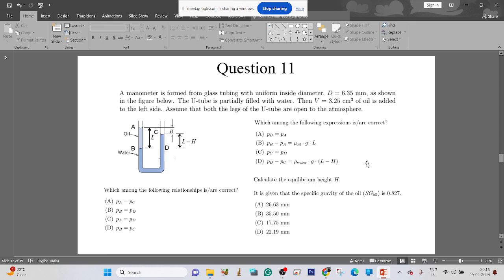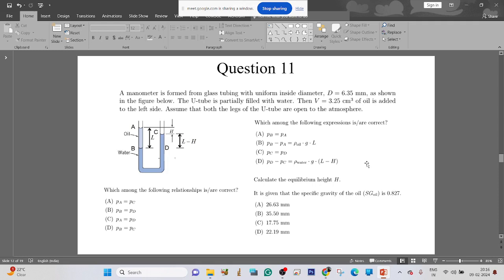Okay. So the volume of the oil added is given as 3.25 centimeter cube, right? So this has been occupied in the whole volume, and what is the volume that has been added? If we write in parametric form, that will be pi by 4 d squared, where d is the diameter of the manometer leg, multiplied by the height which it has occupied, that is L. This diameter is also given as 6.35 mm.